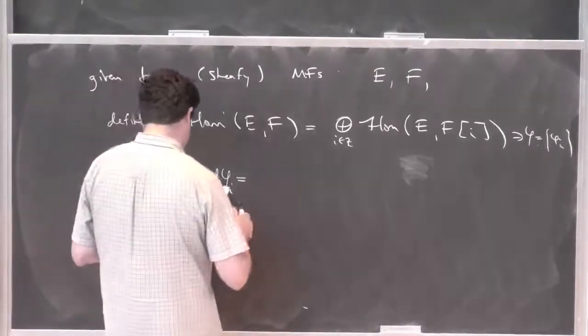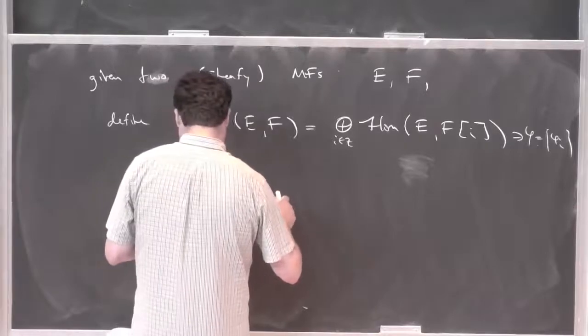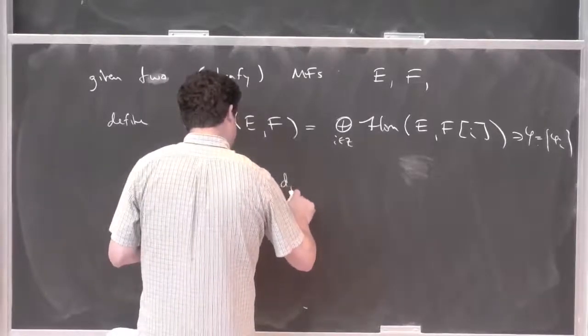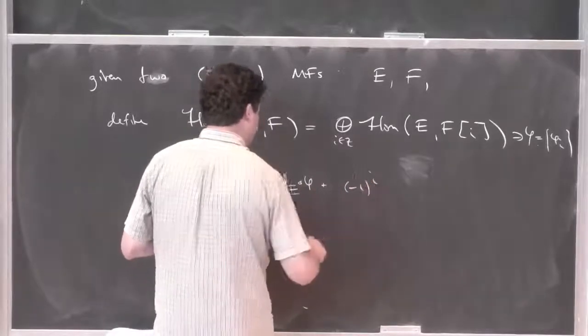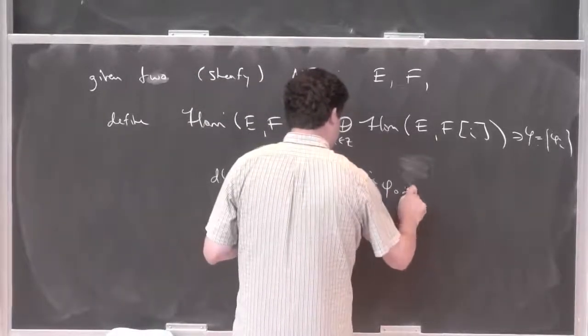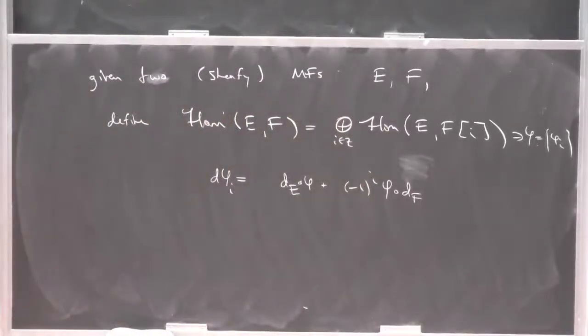Let me get the signs right. It's going to be dE after phi plus minus 1 to the i times phi after dF. So exactly what we did before.